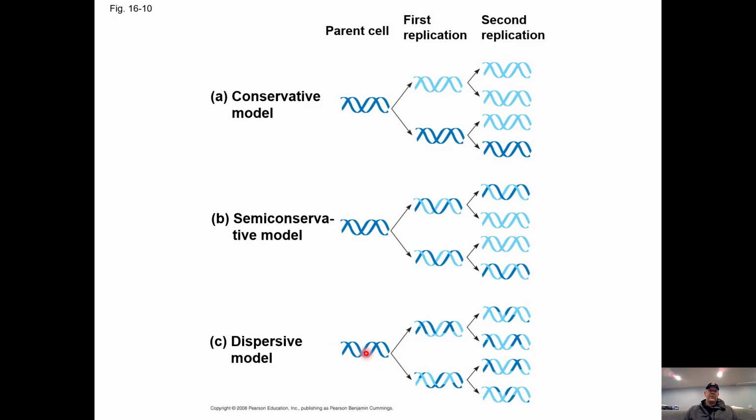If you look at the dispersive versus semi-conservative here, this darkly colored one represents the old piece of DNA that's still part of the new one. Whereas in the dispersive model, it's old, new, old, new, old, new.